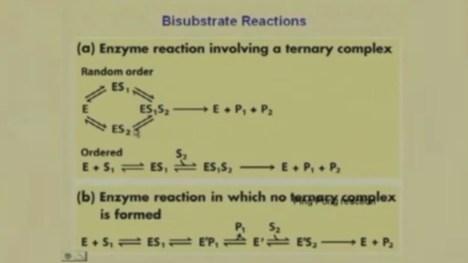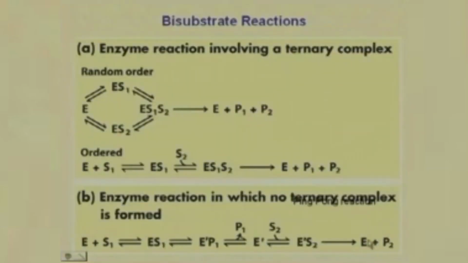You have to remember, you start off with E, you have to end with E. In the ping pong mechanism, if we look at this part up to E prime plus P1, if we consider the normal Michaelis-Menten kinetics that we've been considering all along, we had E plus S go to ES, but what did we form after that? E plus P, not an E prime. Okay, so the enzyme comes back after, because you have to remember this is a bi-substrate reaction.